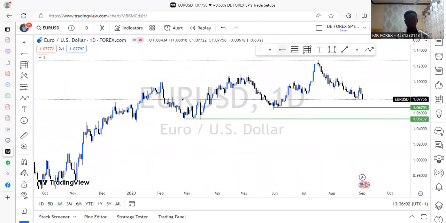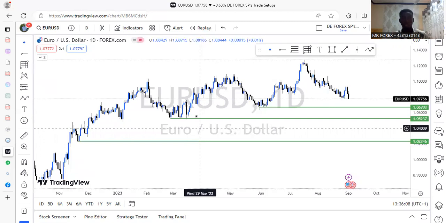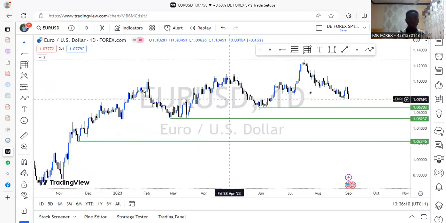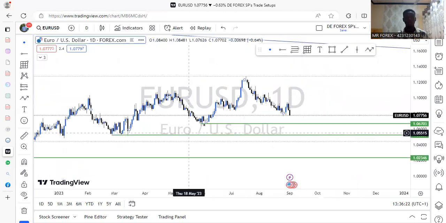Now, looking at this in an uptrend, the higher lows are not broken, they are respected. However, if they are broken, it means the trend is about to change, or there is about to be a change in market structure. So we know one thing for sure: in an uptrending market, these levels are not broken.